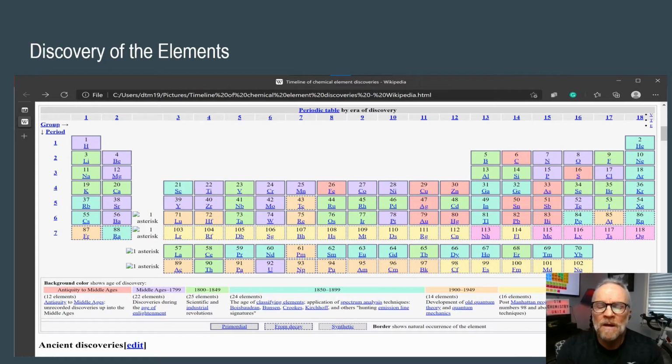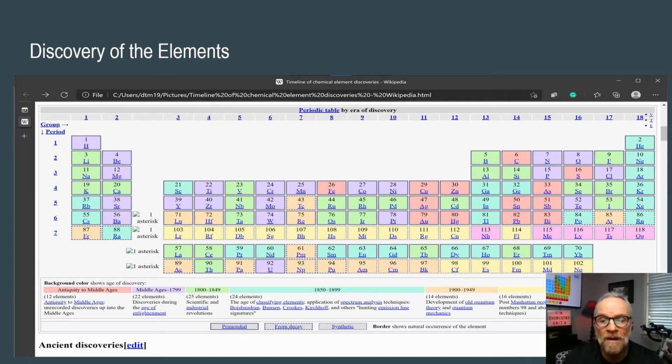All right, I thought that this was a very interesting graphic that Wikipedia has, and they have a history of the discovery of elements here. And if you will notice here that in antiquity, back in early times, they knew of about 12 elements. And then this increased through the Middle Ages, where they added 22 new elements.